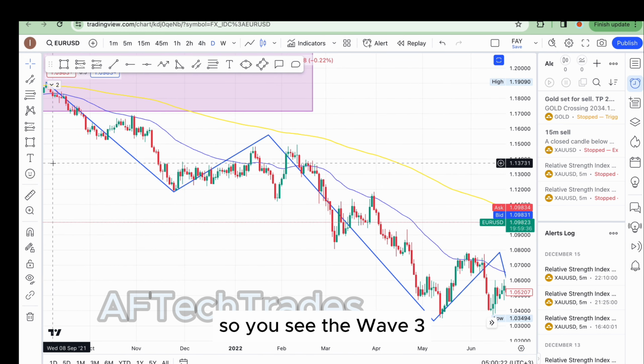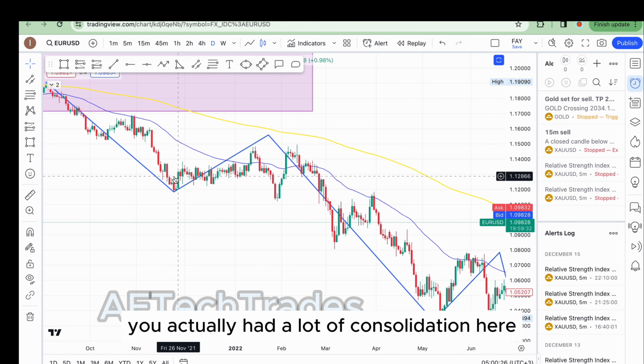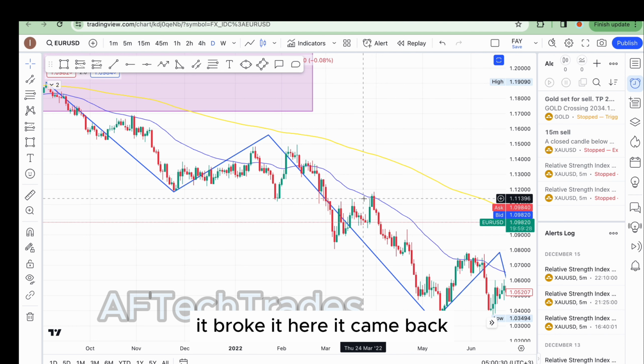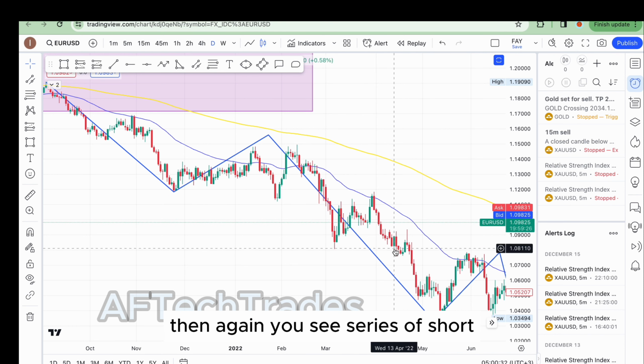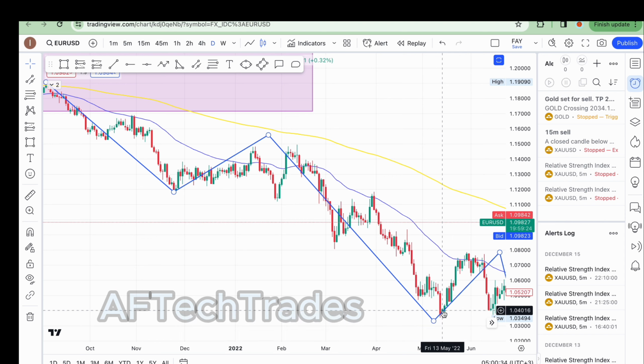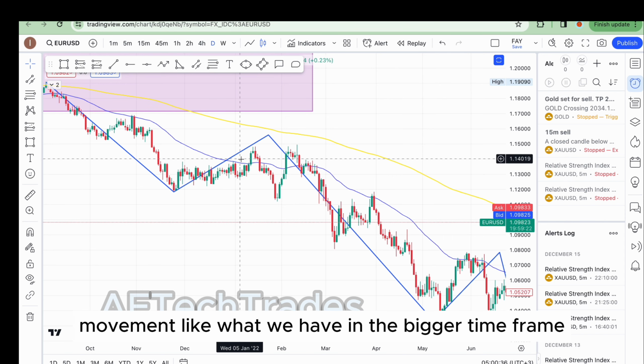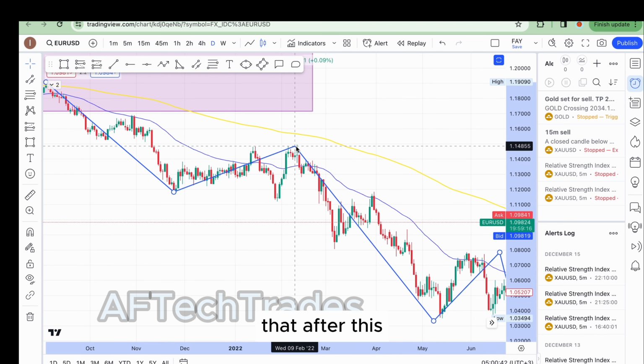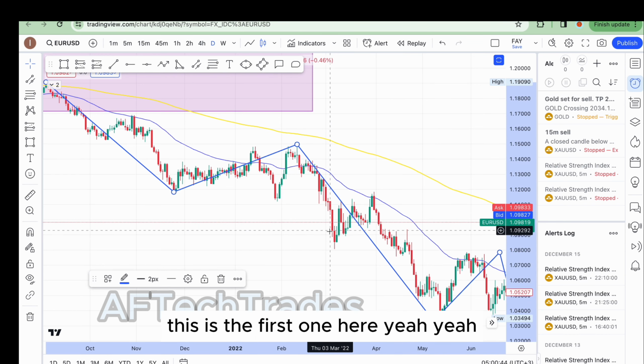So you see the wave 3, you actually had a lot of consolidation here. It broke it here, it came back, then again you see a series of short movements like what we have in the bigger time frame.